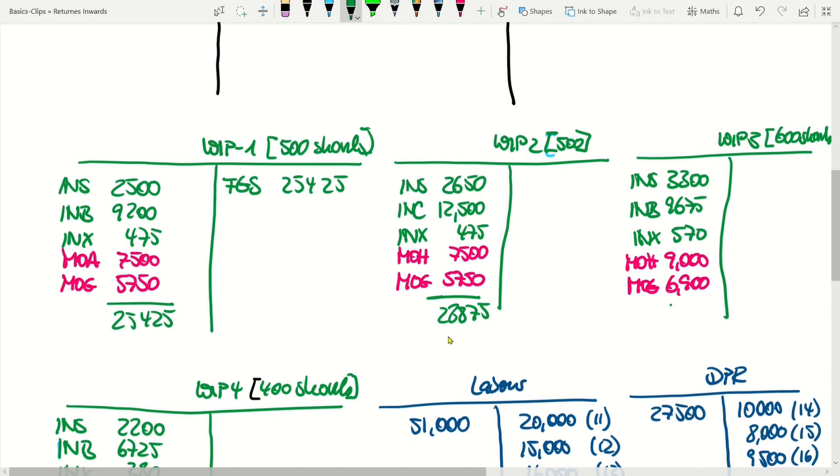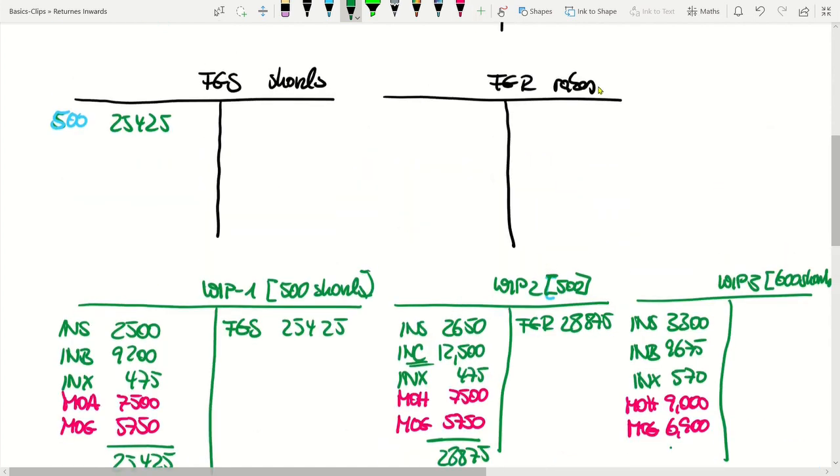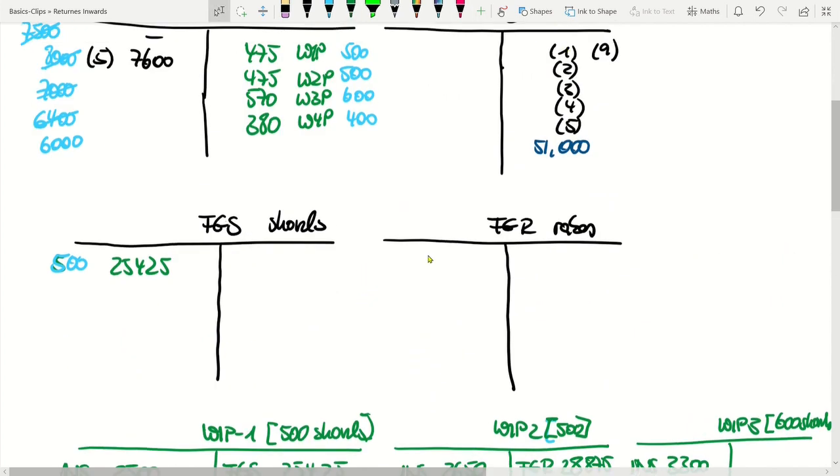Way more expensive than the other account. Actually, the reason is about the class. They are more expensive. So finished goods rakes account. So it is 28,875. The number is 500 again.